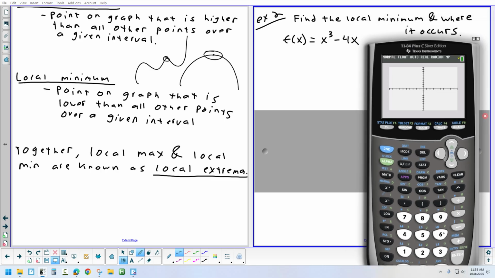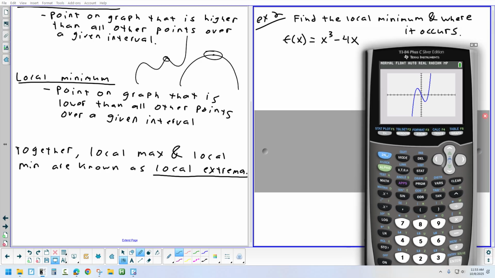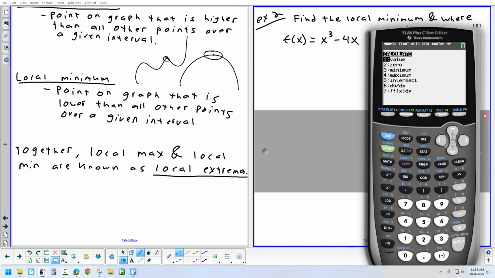Let's do zoom 6. First of all, does that graph have a local minimum? Yeah, it has. It's in quadrant 4. So let's find the minimum. And then answer both parts of the question. What the minimum is and where it occurs.